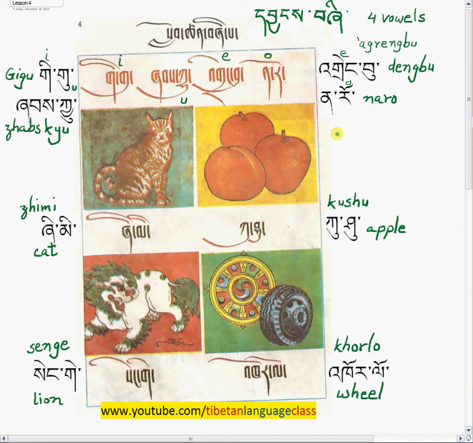So the sound is there at the end by default. So that's why we don't have a separate one, because that's assumed by default. So that's why we have I, U, E, O. Is already there by default. So that's pretty much it as far as the vowel goes.